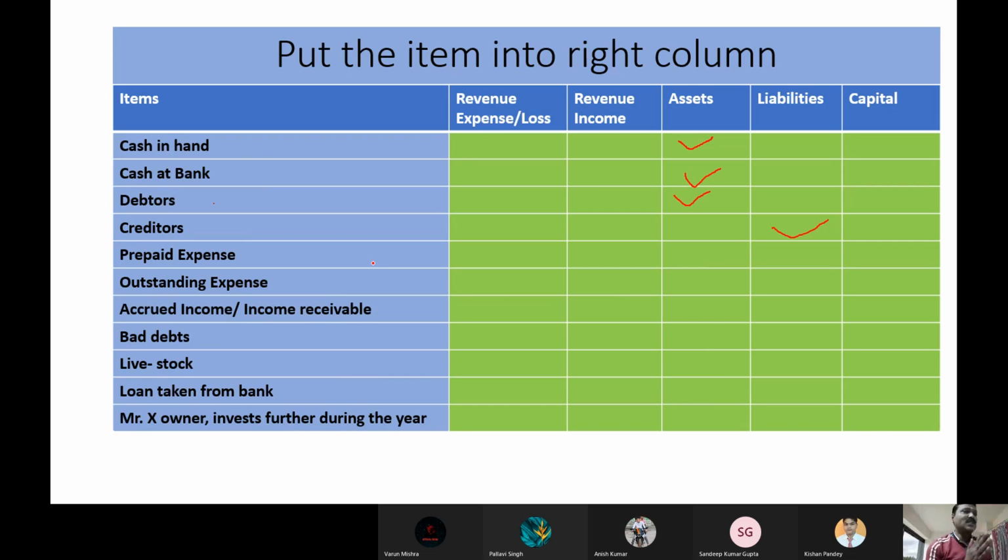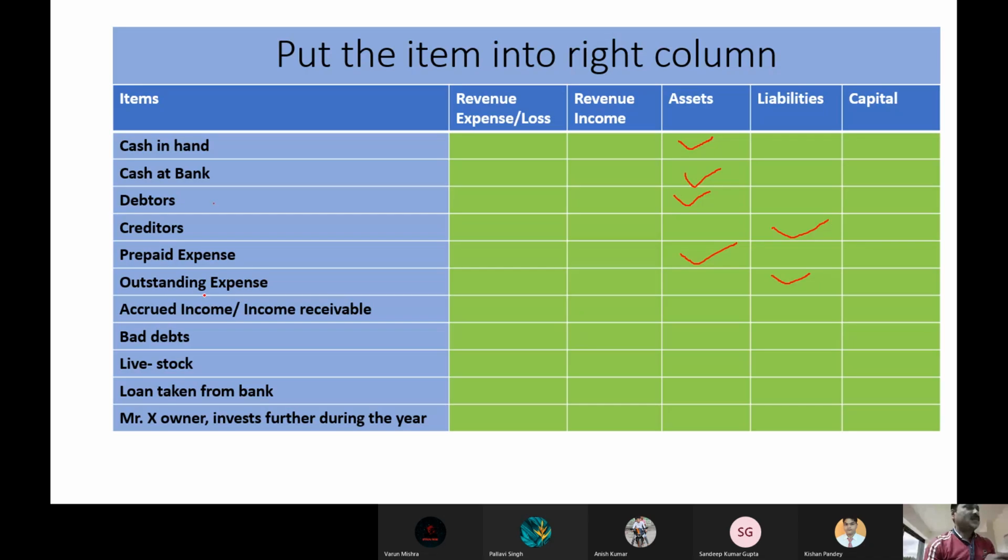So this will be considered as an asset, because the money which is due from others is called debtor and debtor is part of assets. Okay. Outstanding expenses. Students, outstanding means the expenses which are due on us but still we have not paid. So this means the amount due to others. This is a liability. Okay.